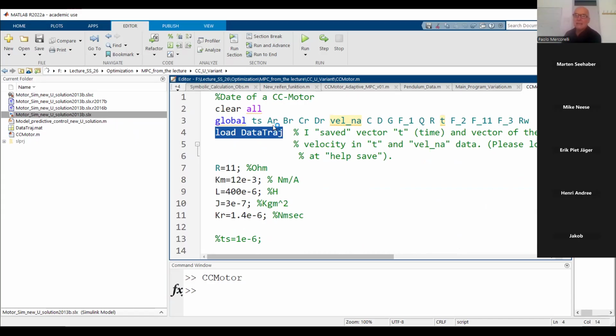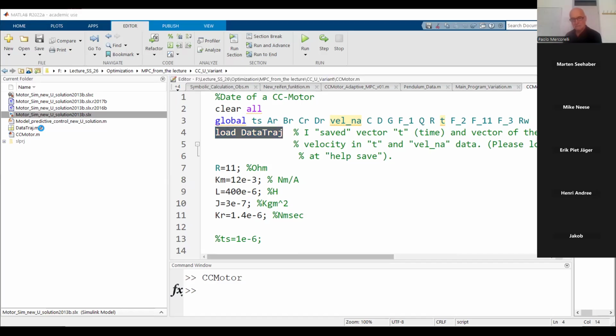Then the data trajectory is in a MAT file, which is here under the current folder, in which I stored the trajectory to be tracked with points. I hope that the file will appear. Ah, okay. Let me share now Simulink.